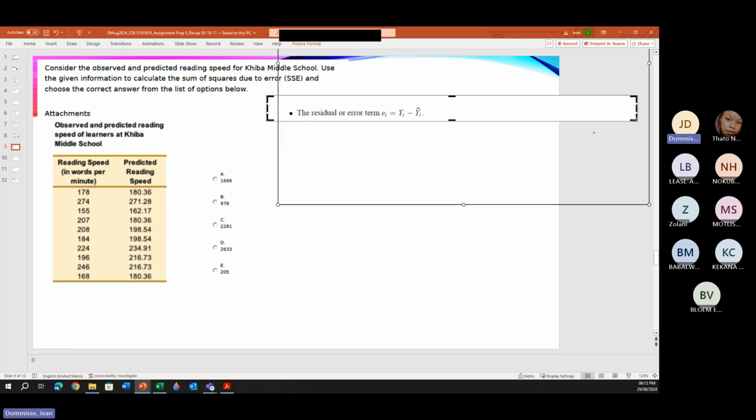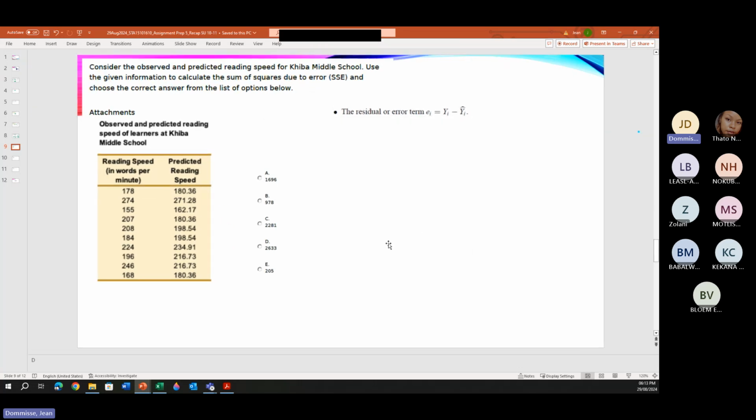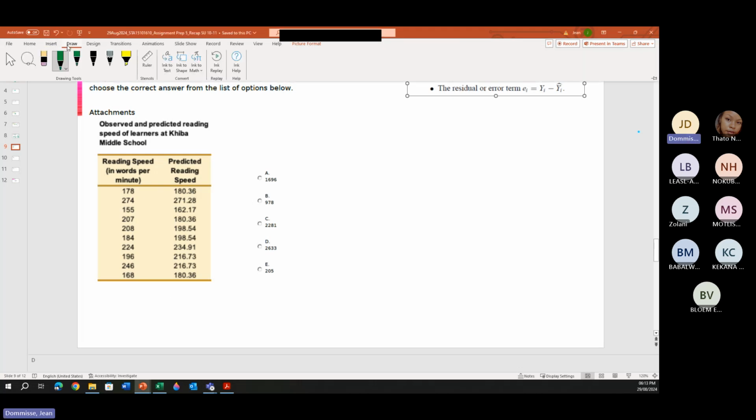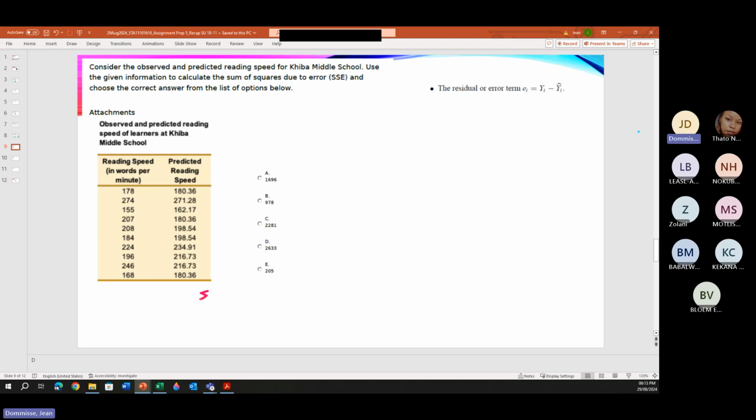So what we basically need to do is work out for each of these points the error number, and then we need to sum all of those points.